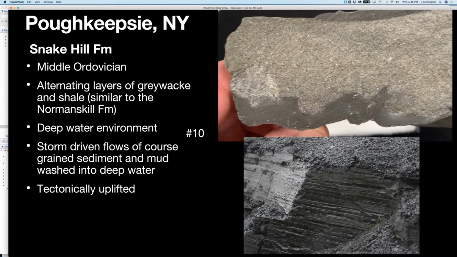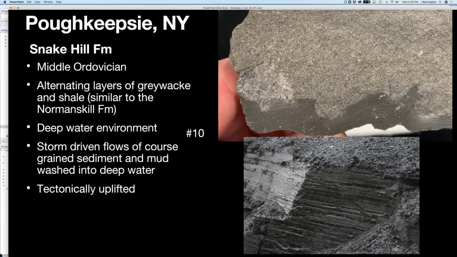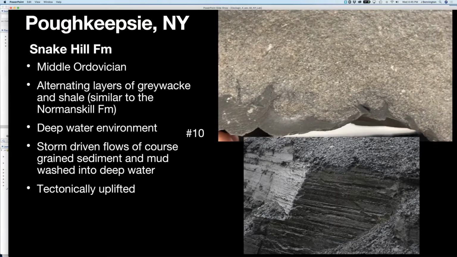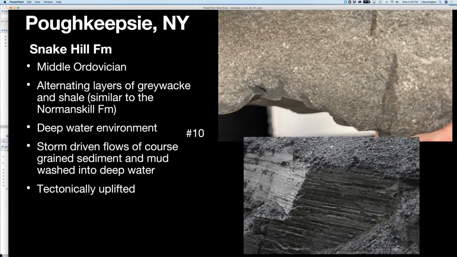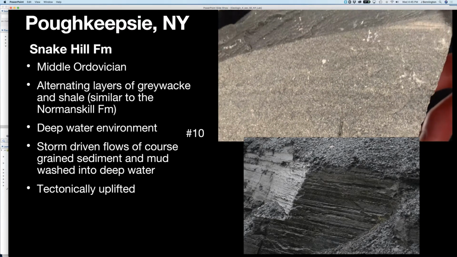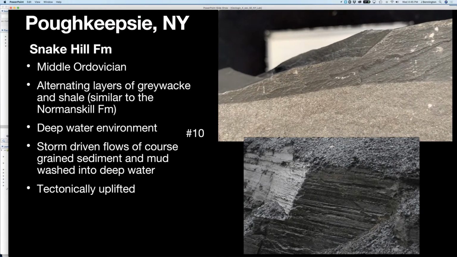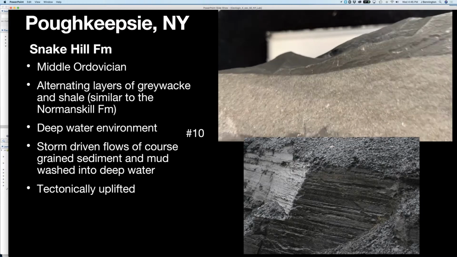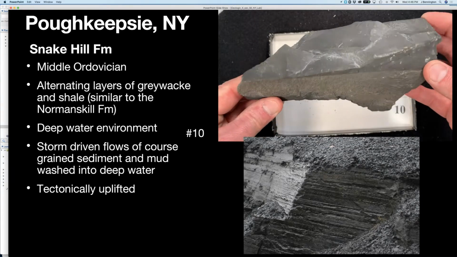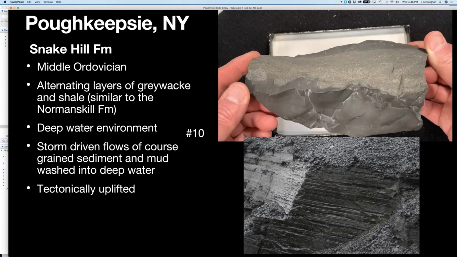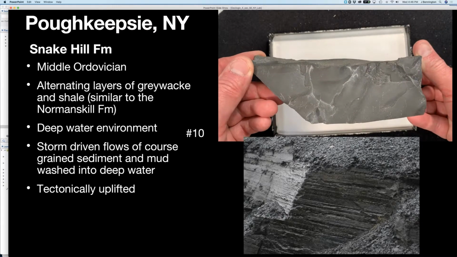And you can even see in the specimen here where the heavier sand was sinking down and starting to mix with the mud that it was settling out on top of. And then like the Normanskill Formation, where you find the Snake Hill Formation, you don't find flat-lying layers of it so much. You find evidence that after it was deposited, it was uplifted and tilted and folded.